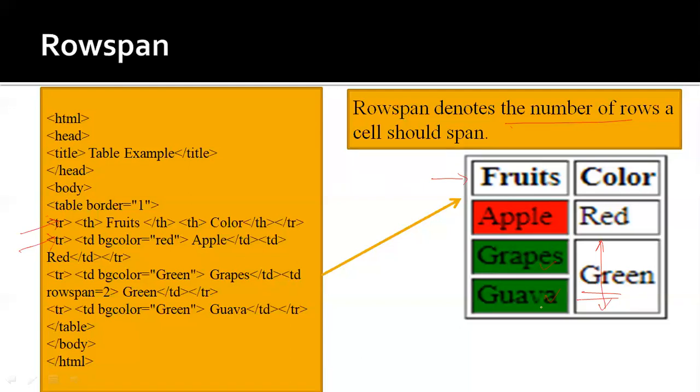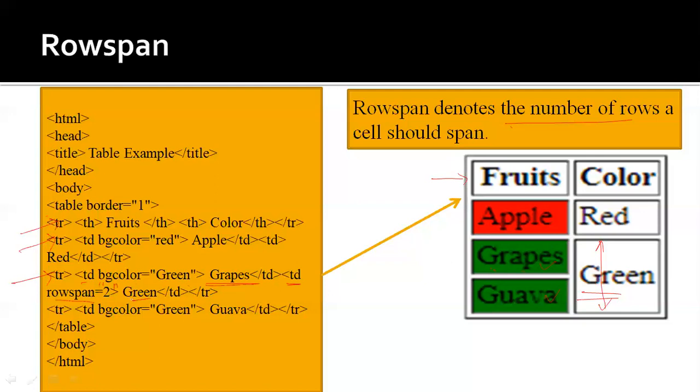Then come to third row. In the third row, there are two columns. First contains grapes and green, which spans for two rows. So I can write here TR, TD, BG color green. First data is grapes and second data is green, and inside TD I have written row span is equal to 2.